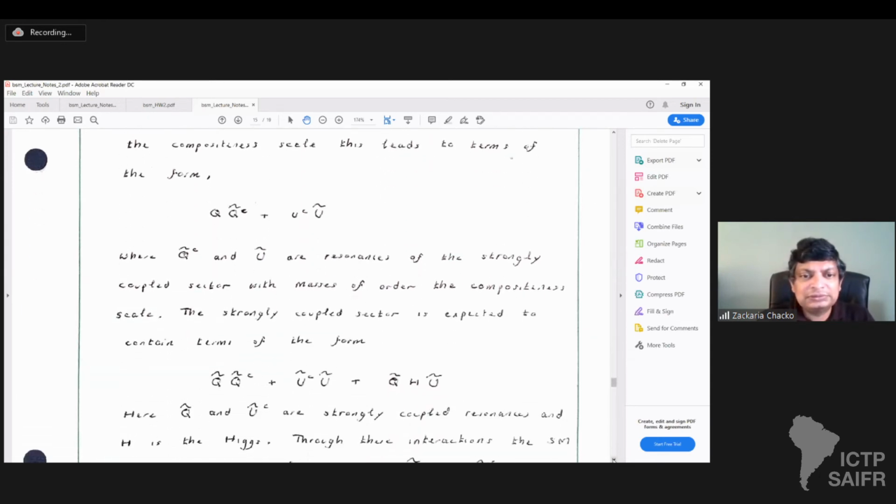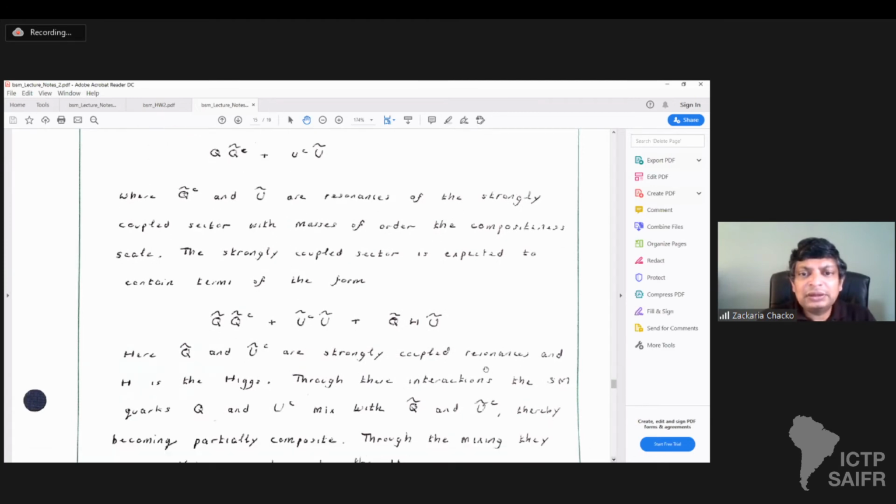Now remember, the Higgs is part of the strong dynamics. So the Higgs is going to have couplings to these resonances. I'm sorry, this should be a QC. There's a typo here. There should be a QC. So the Higgs is going to have couplings like this because it's part of the strong dynamics. And these are resonances, so they're going to have masses from the strong dynamics.